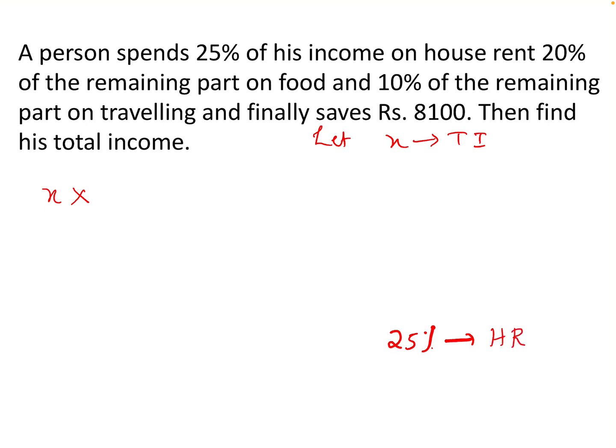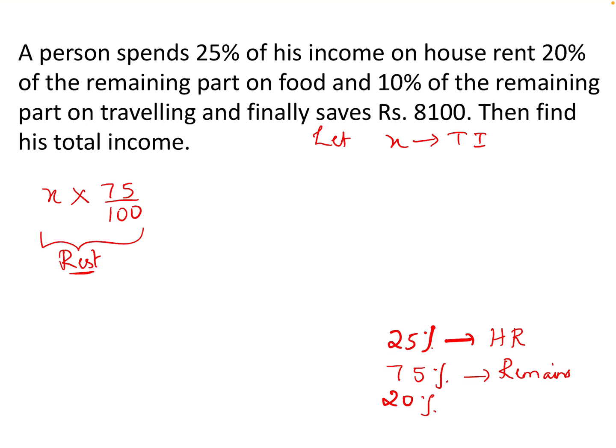So after spending 25%, how much will remain? 75% will remain. So I will multiply here 75 by 100, because this will give us the rest. Next, 20% of the remaining on food.